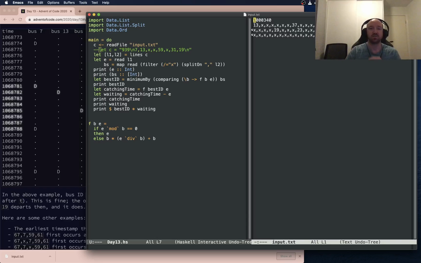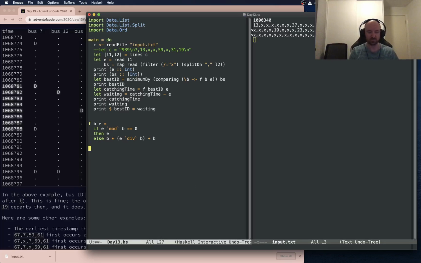So we're looking for a time T such that, 1, 2, 3, 4, 5, 6, so 7 minutes after 13. So we're looking for a T such that T is a multiple of 13.